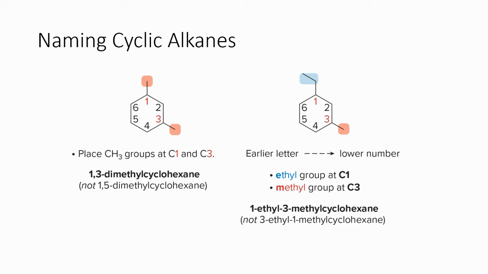We could go 1, 2, 3, 4, 5. That's too big. 1, 2, 3. That's correct. So then, kind of like last time, we do have to specify numbers if there's more than 1 substituent. 1-ethyl, 3-methyl, and it's a cyclohexane.